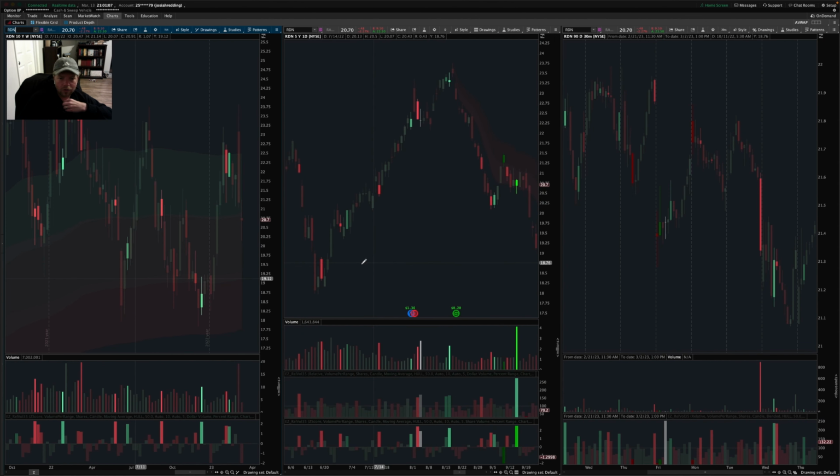So that's how I read it. Like I said, I don't look for volume expanding in the direction of a move or decreasing against it. I'm looking for these one-off flares to happen after the price has moved in a particular direction.